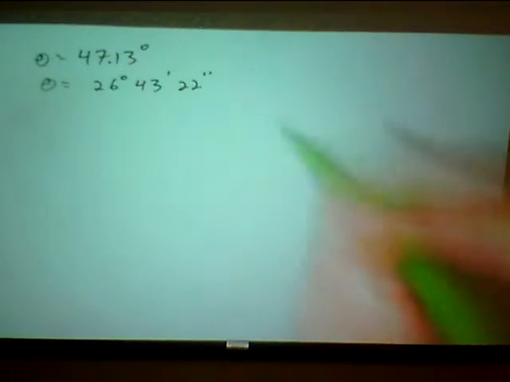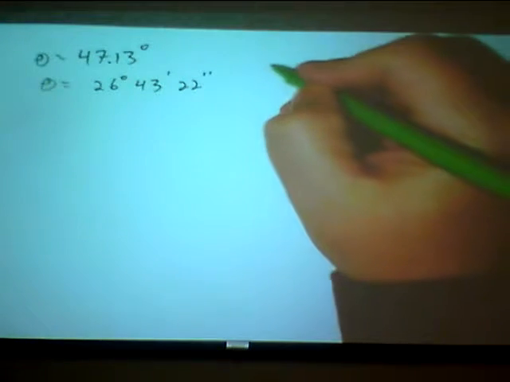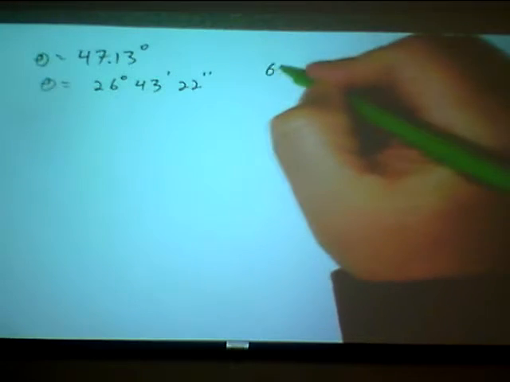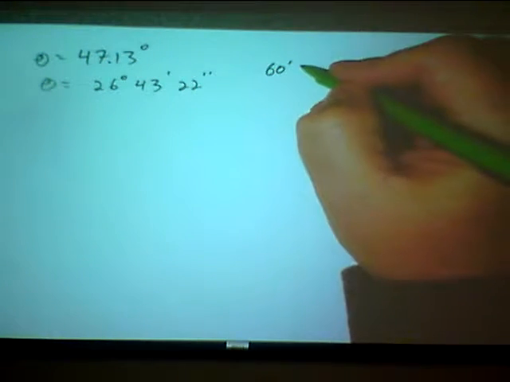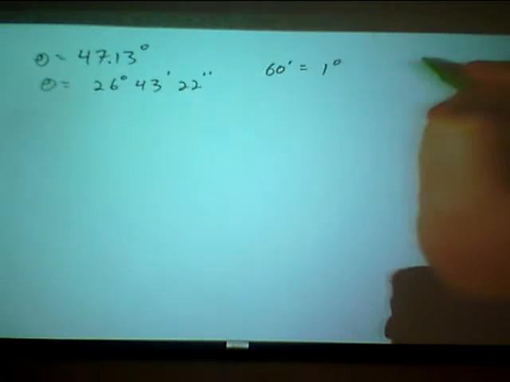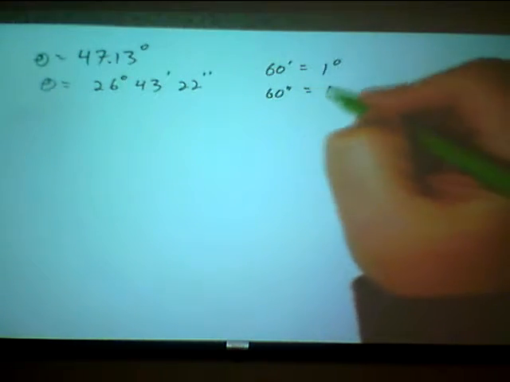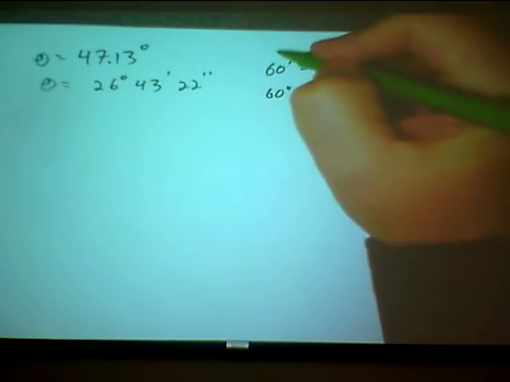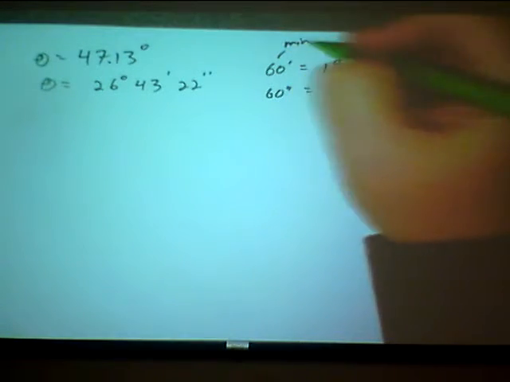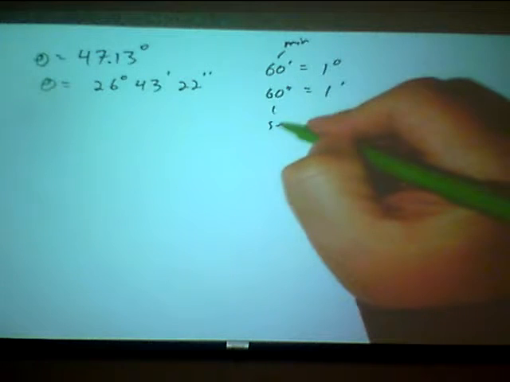And the idea is there are 60 minutes in 1 degree, and there are 60 seconds in 1 minute. Right there is minutes, and right there is seconds.